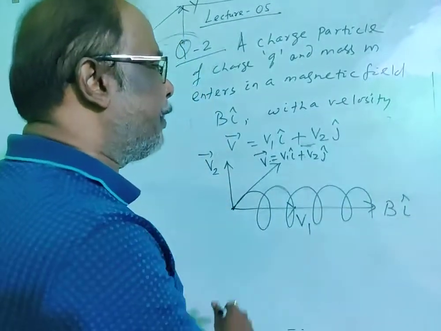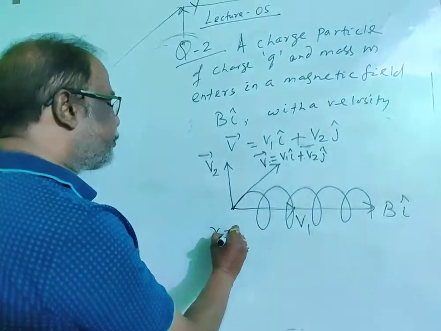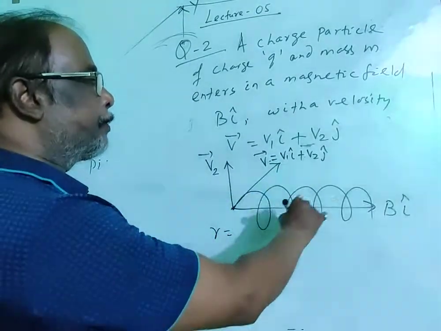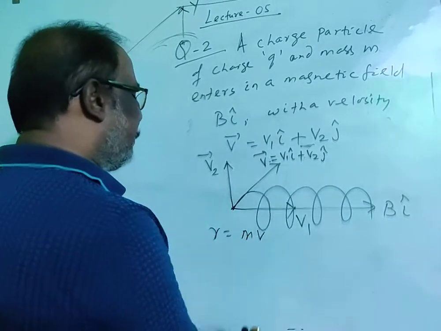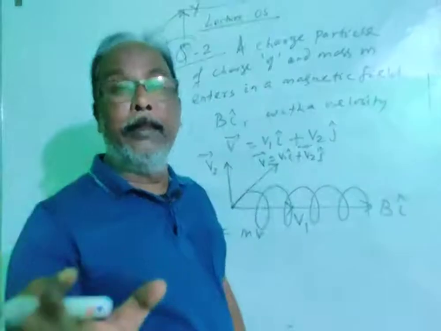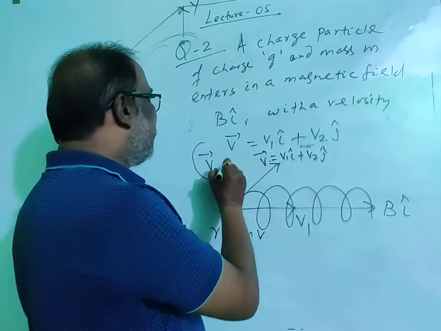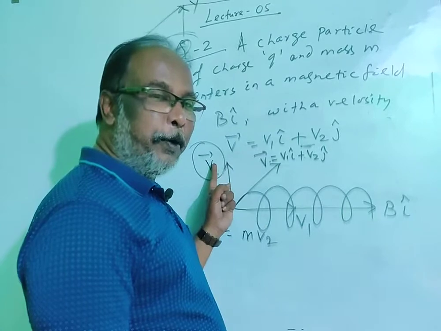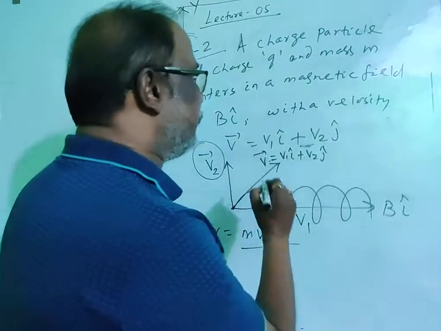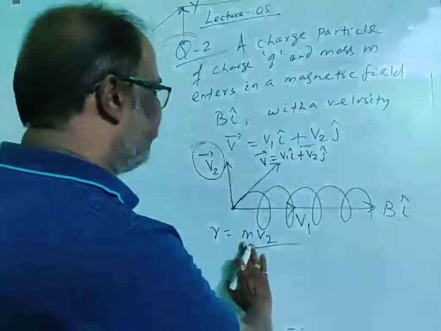Also it may be asked to find the radius of the circular orbit. The radius of circular orbit is mv sin theta by qB. In place of v sin theta here we have v2, which is responsible for rotation, so it is mv2 divided by qB.